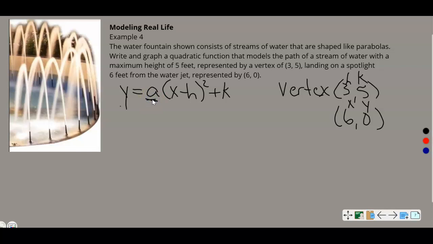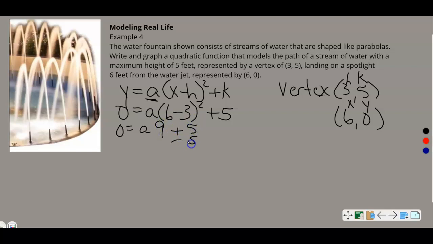So let's go ahead and plug that in. We're going to plug in 0 equals a times, x is going to be 6, minus h is 3, squared plus k is 5. Now, once we do that, let's simplify and solve for a. So we're going to have 6 minus 3. 6 minus 3 is 3. 3 squared is 9.